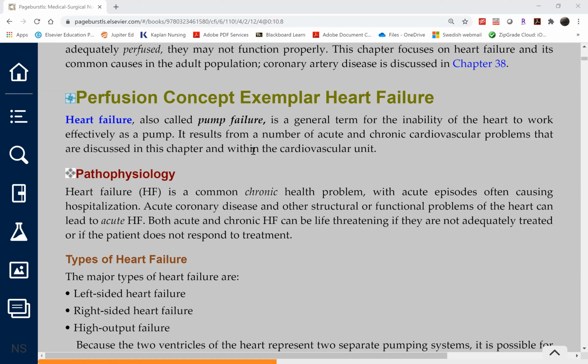So is it a primary disease? Does it say that? No, it's as May said. This is a general term for the inability of the heart to work effectively. Therefore, it is a state or a condition.